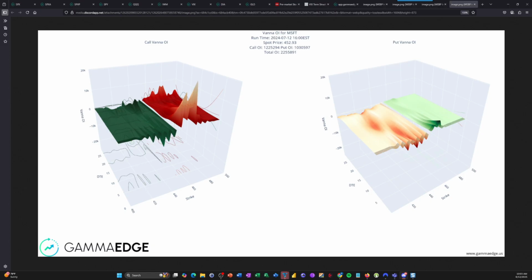What's our SPX price? 6016. So I'm going to go 5915 to 6115. So 100 below and 100 above. And I just ran that in charting 1. You can go down and see the syntax.